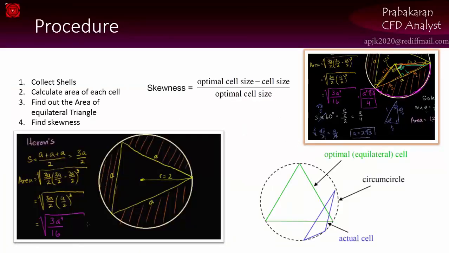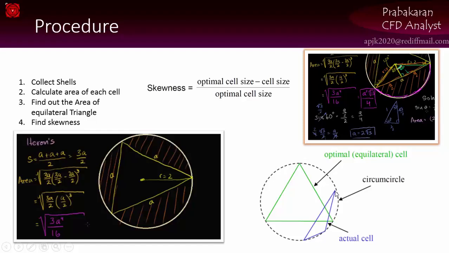We will understand what skewness is. I have an element, which is this one. Blue is my element, and it contains 3 points: 1, 2, 3.